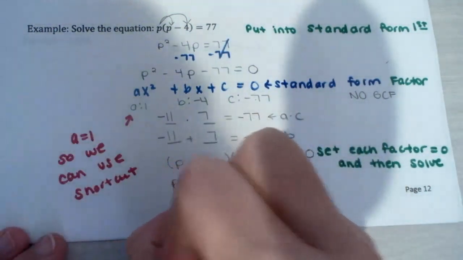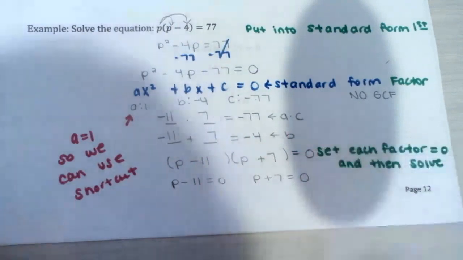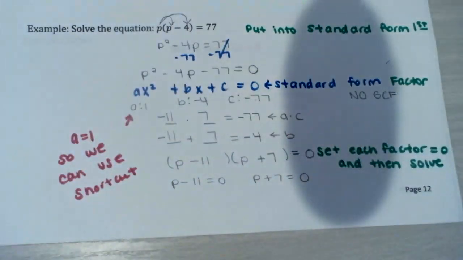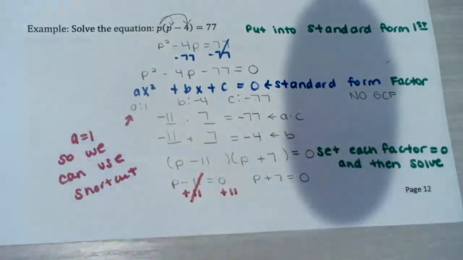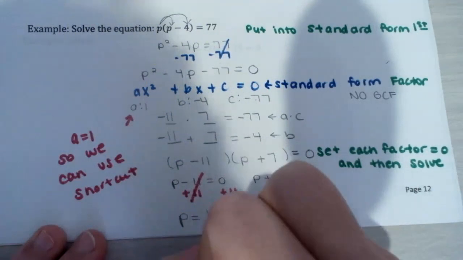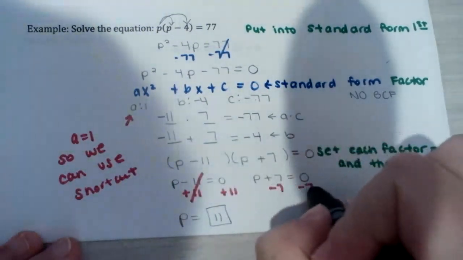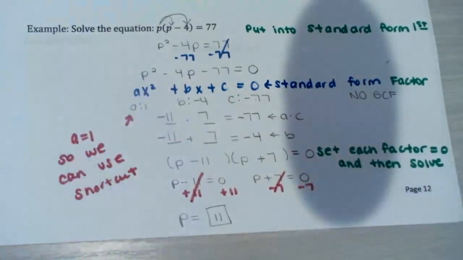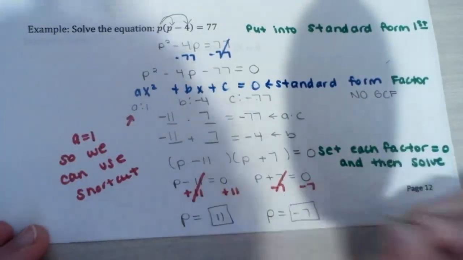So p minus 11 equals 0 and p plus 7 equals 0. Getting p by itself, we could add 11 to both sides. That way those cancel. We're left with p equals 11 as one answer. And then over here we could subtract 7 from both sides. That way those cancel. And we're left with p equals negative 7 as another answer.